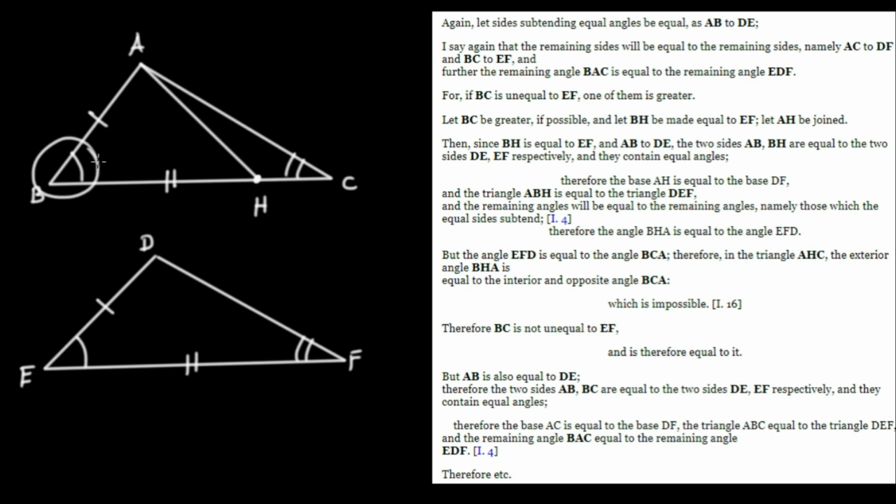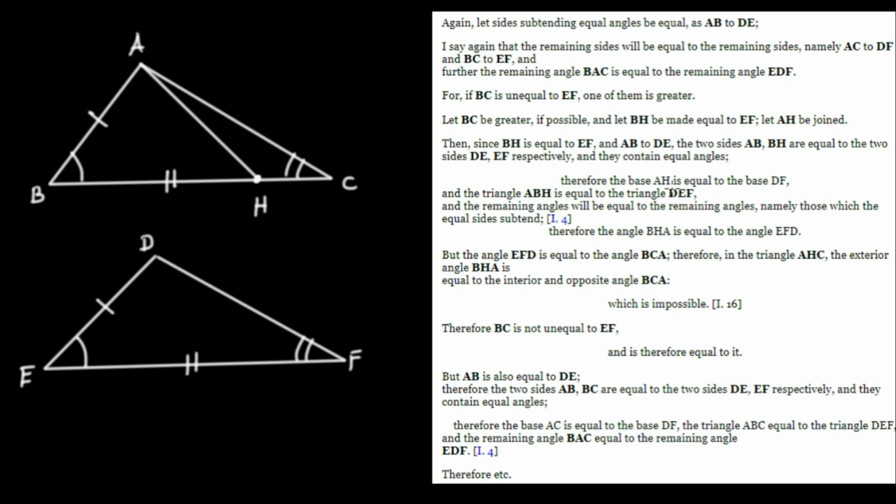That is to say, they both contain this. So notice again, we have side angle side, side angle side, in the two triangles ABH and DEF. Therefore, those two triangles are equal. And he's going to make a bunch of inferences from this.